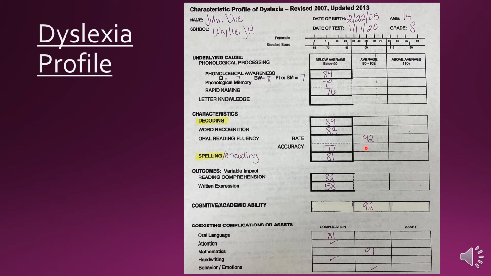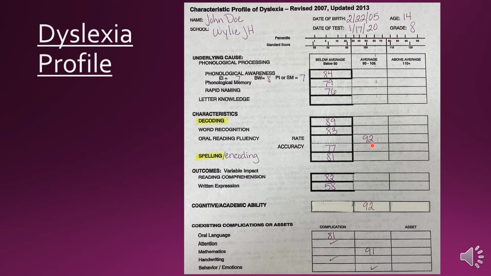One thing to know about dyslexics is that even though they have difficulty with reading, they can learn to be good readers. They may never be quick readers, but they can learn to be good readers with proper instruction and interventions.